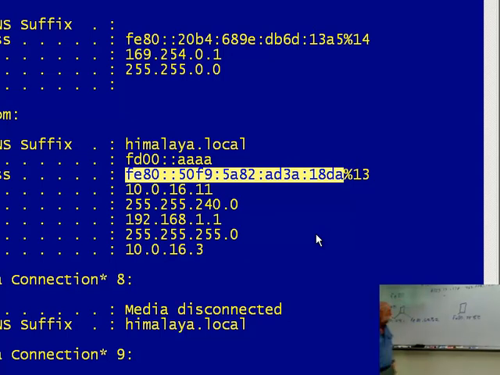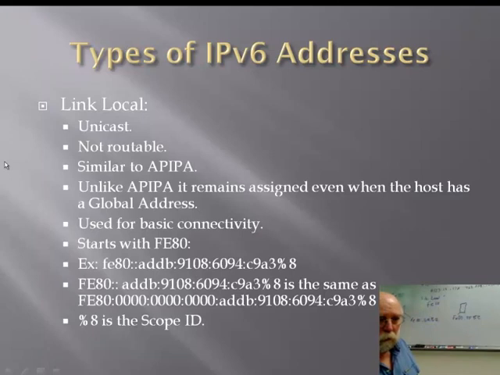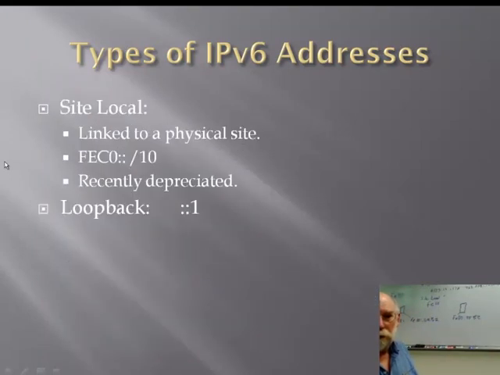Okay? There's another one called site local, and that has the format FC00, I believe it is. Let me check my figures. But a site local, and it's not really all that important, FEC0.